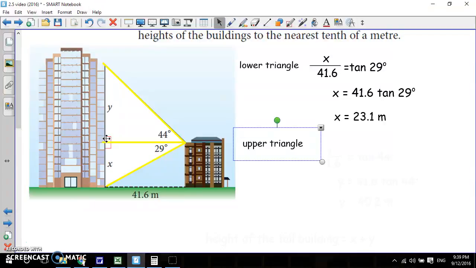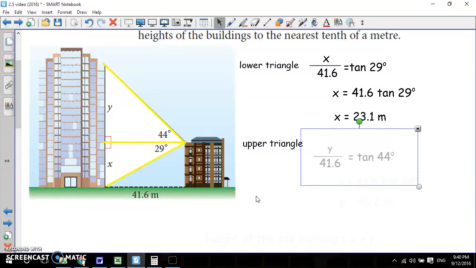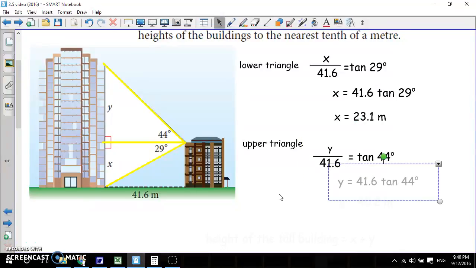It's opposite over adjacent again. So y over 41.6 is equal to tangent 44 degrees. We will follow very similar steps and say y is 41.6 times tangent 44 degrees, and use your calculator to find that y is 40.2 meters.